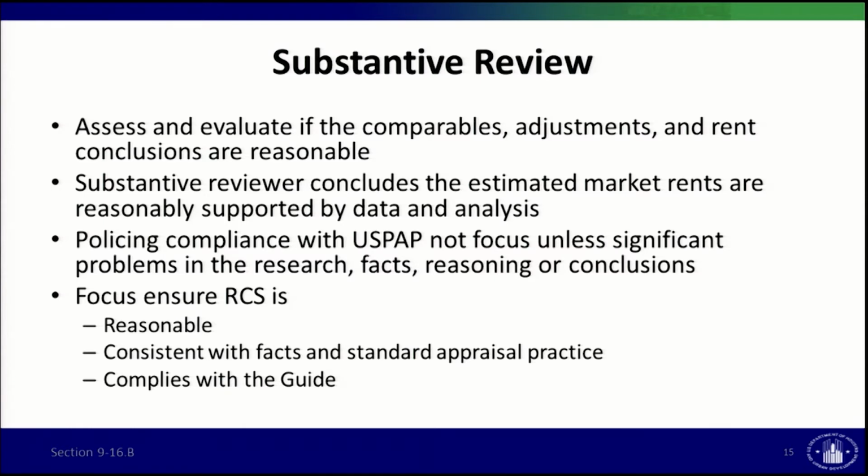Your focus shouldn't be on policing compliance with USPAP unless there really are significant problems in the research, the facts, the reasoning, or the conclusions. Your focus should be on ensuring that the RCS is reasonable, consistent with facts and standard appraisal practice, and complies with the terms in the Section 8 Renewal Policy Guide.